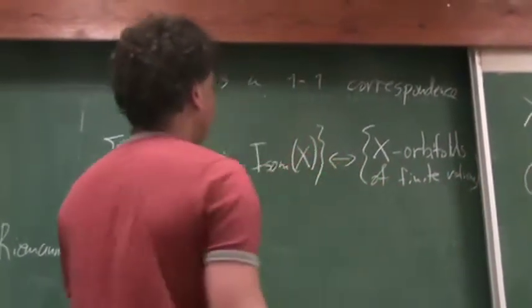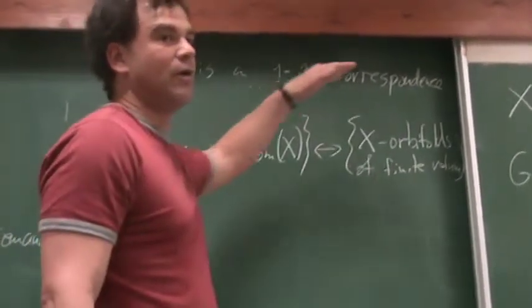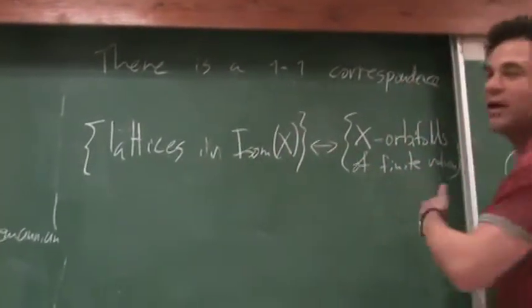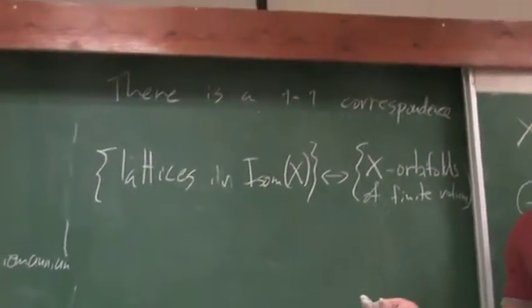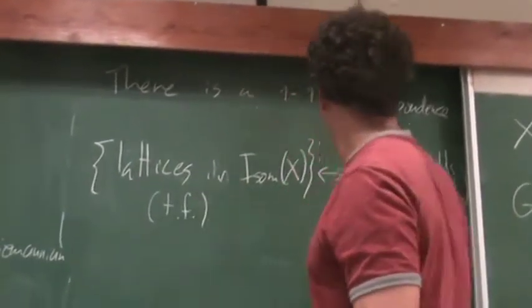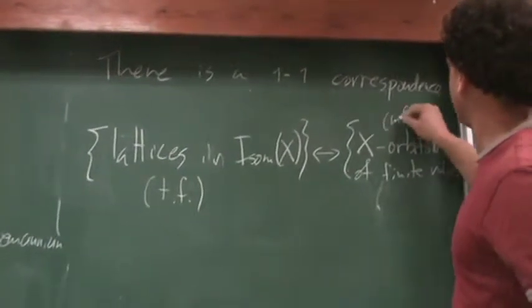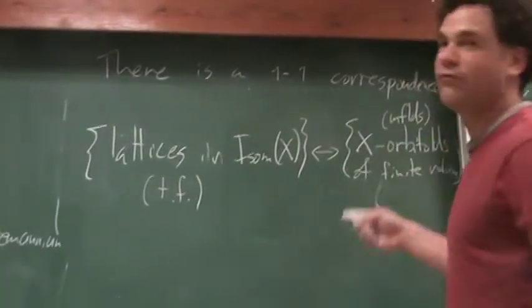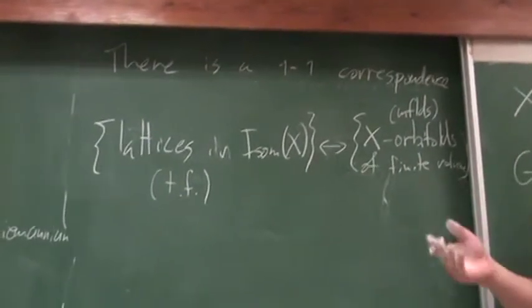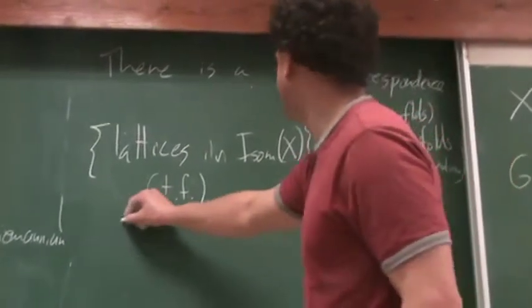More generally, there is a one-to-one correspondence between discrete subgroups of G and X-orbifolds, and it sends lattices to those of finite volume. If you take torsion free, then you will get a manifold instead of an orbifold. But for any orbifold, there is a finite cover which is a manifold. We will see all these things later.